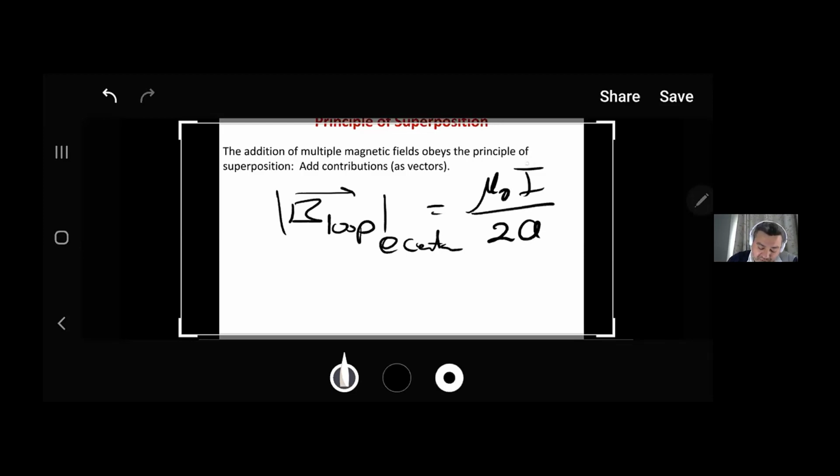So at the end, you have a ratio here between I and a. And as you can see, the magnetic field is linear and proportional with the current and inversely proportional with a. As long as you maintain an equal ratio between the current and the radius, you should be getting the same magnetic field, for instance, right at the center of the loop.